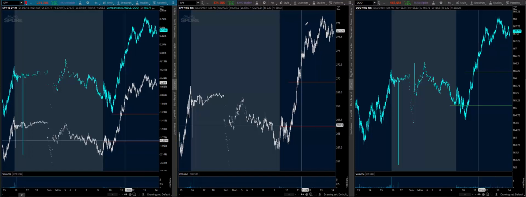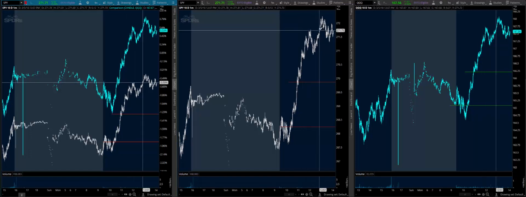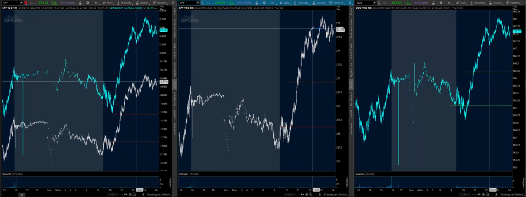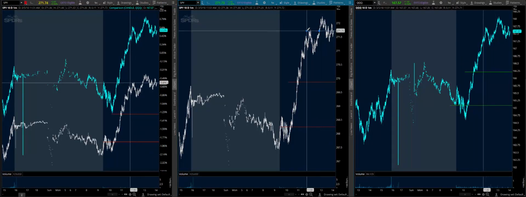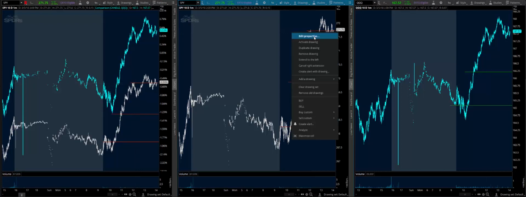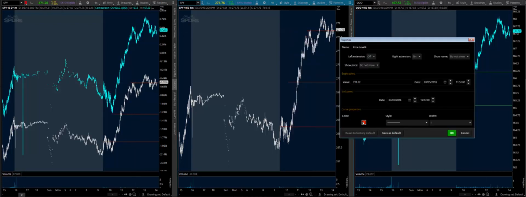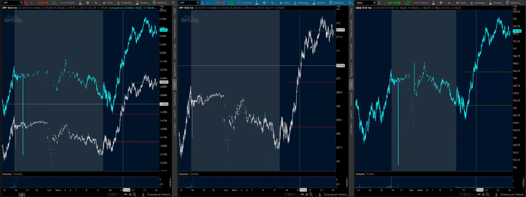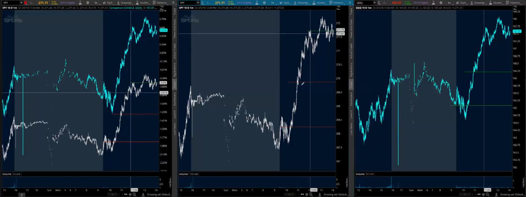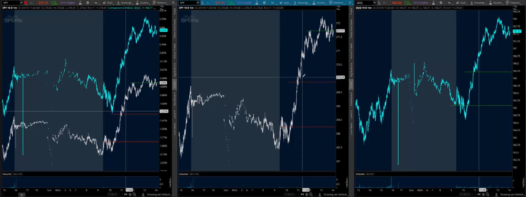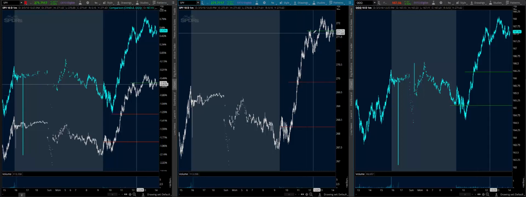Okay, so we're going to close both sides of this trade right here. So that's where we're getting out right there. Let me just change that property. We're going to come back and do the math and calculate everything later. So we are completely flat now with a loss on the SPY.